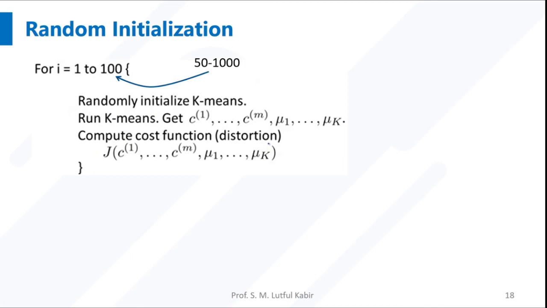You pick random centroids from the example set, run k means, that means both steps, the cluster assignment and moving the centroids, get the values of c1 to cm and mu1 to muk, and compute the cost. At a certain point the J value will be minimum, so keep those values as the final result.